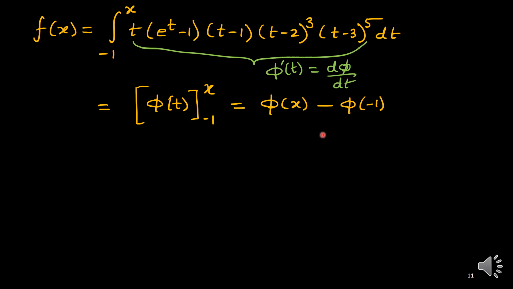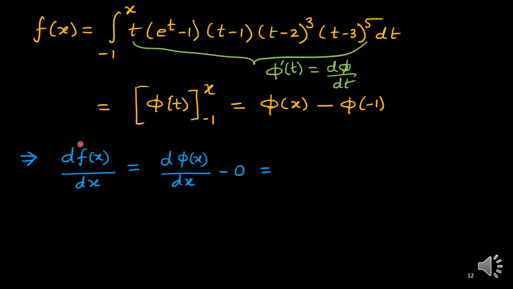Now what I'll do? I'll take derivative on both sides. So left side df dx, and right hand side derivative of this one, d phi dx, and this is constant, derivative will become 0. Now this is the derivative of phi with respect to x. Here phi is a function of x. The same thing I considered here. So phi is function of t and d phi dt is given by these things.